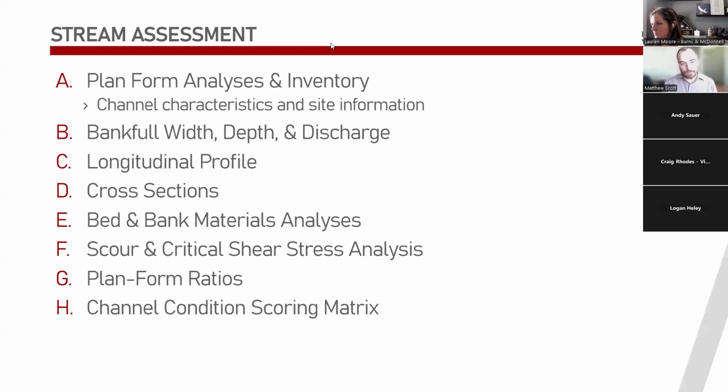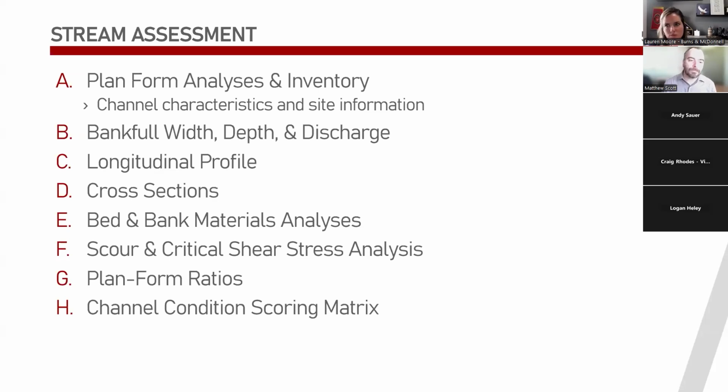And then further submittal requirements are relative to the analysis required for natural channel design. So bank full width, depth and discharge, longitudinal profile, cross sections, bed and bank material analyses, scour and critical shear stress analysis, plan form ratios, and then a channel condition scoring matrix.